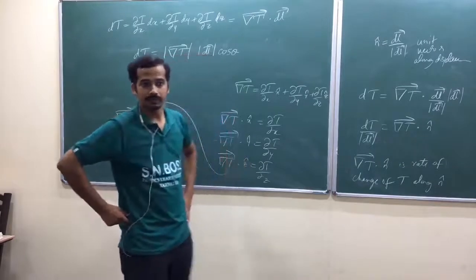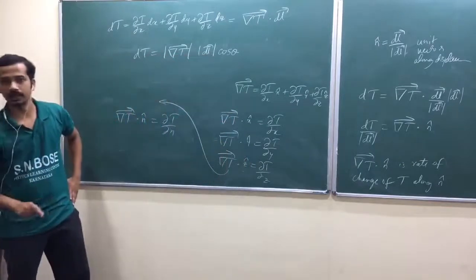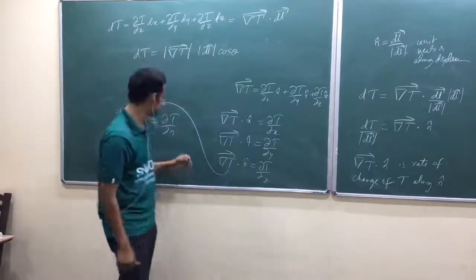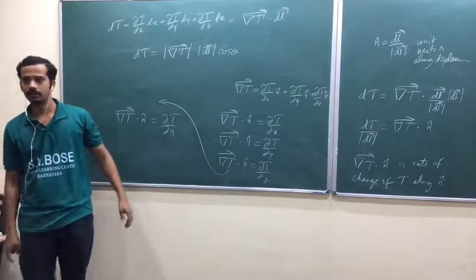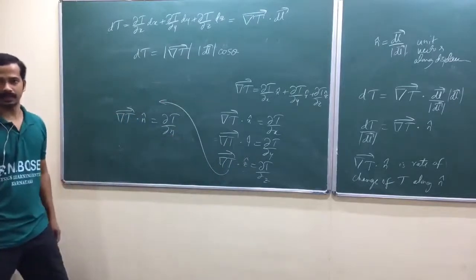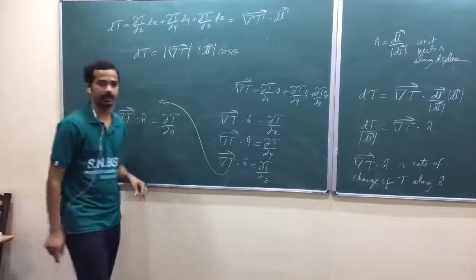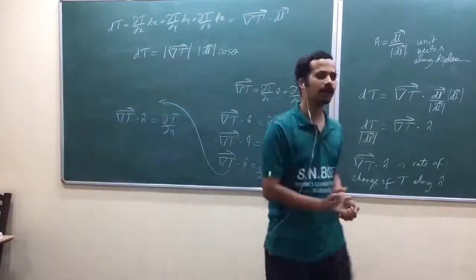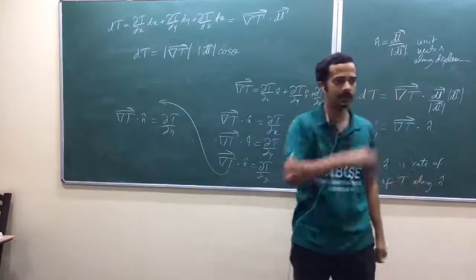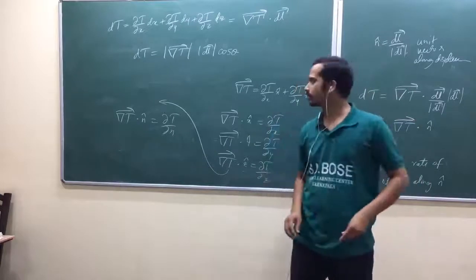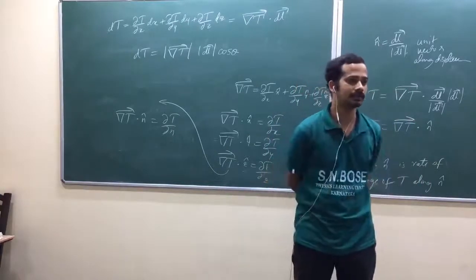We are moving in one particular direction, and in that direction we are talking about the rate of change. As the length changes in that direction, that is the change in length mod of dl, that's constant. It's a kind of dx.